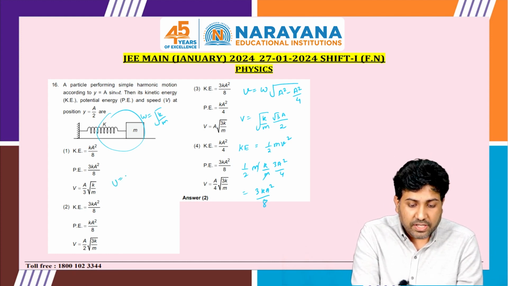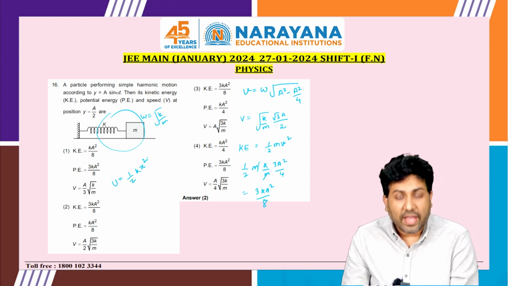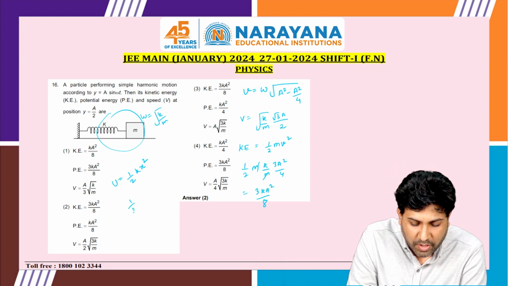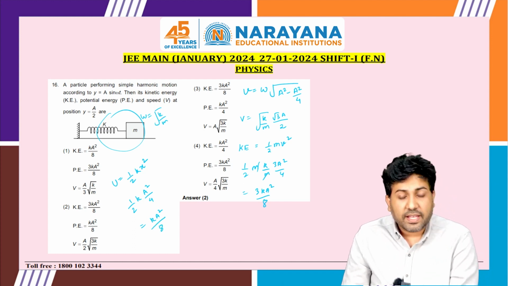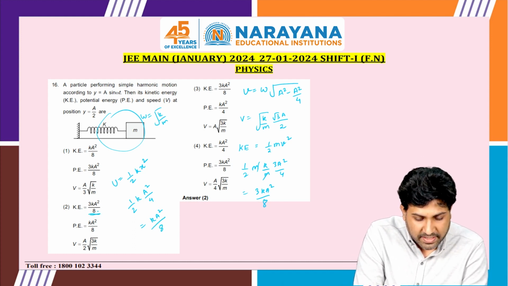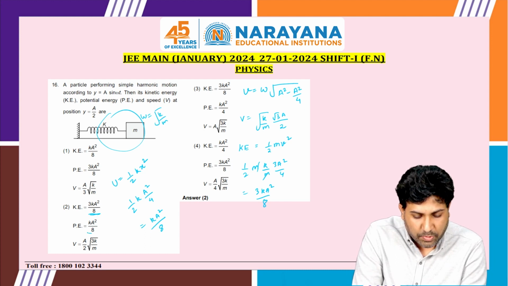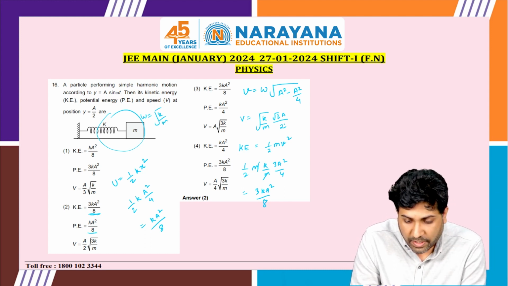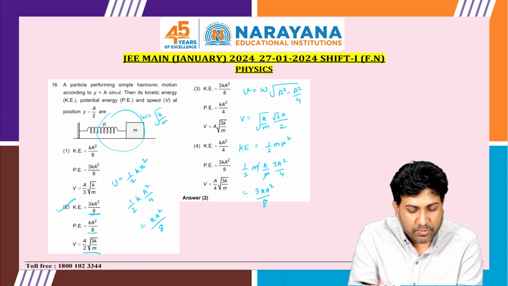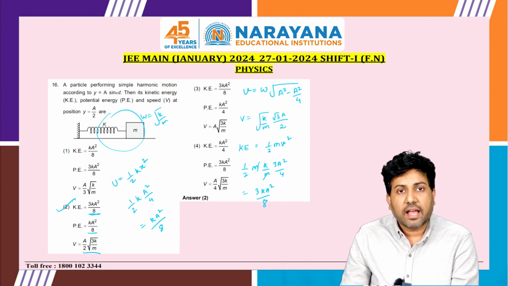The potential energy is half k x square. Now x according to the question is a by 2. So half k a square upon 4, that is k a square by 8. That means you see all the options are satisfied in the second option, kinetic energy, potential energy, and the velocity also. So option number 2 is the correct answer.